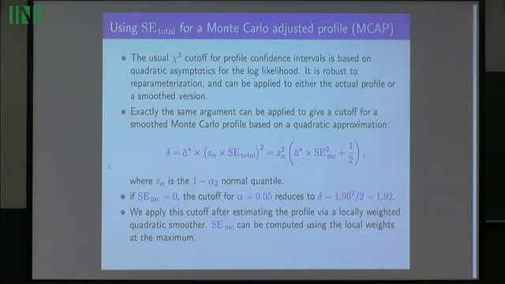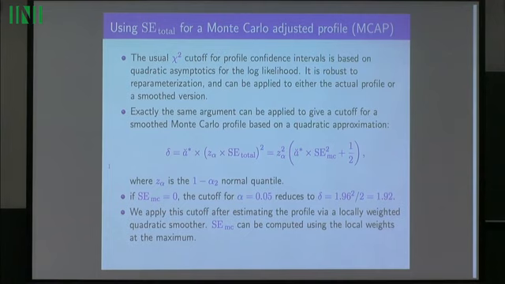And this really is no different from the usual duality between the usual standard errors and the usual profile cutoff. They're both defined in a kind of asymptotic quadratic justification, but using the profile gives you a little bit of extra leverage when you're not quite in the asymptopia.